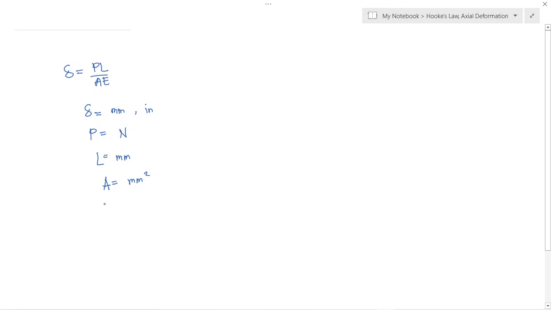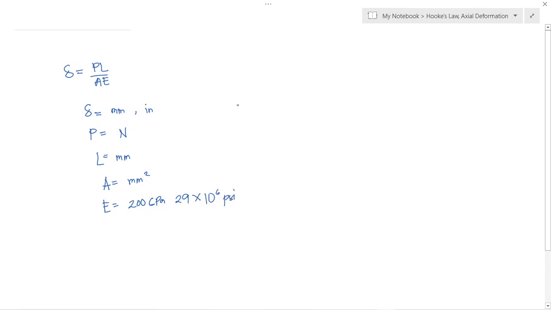But the modulus of elasticity is usually 200 gigapascal, or 29 times 10 raised to 6 PSI naman, pound per square inch.